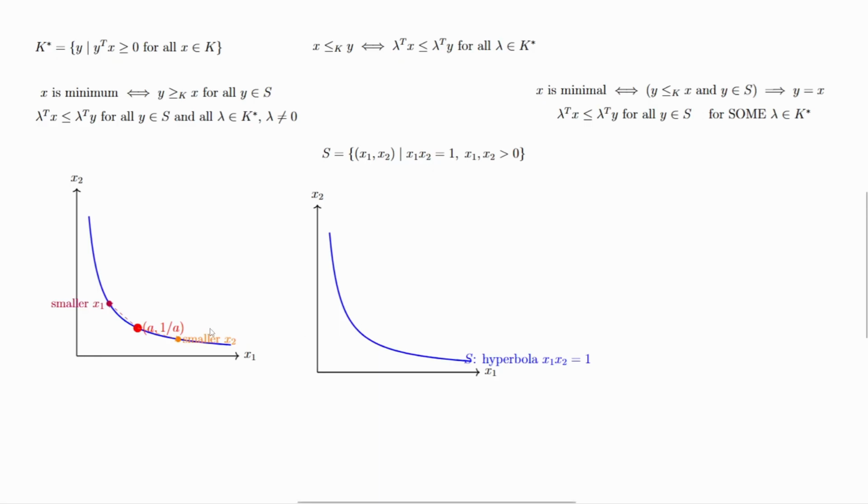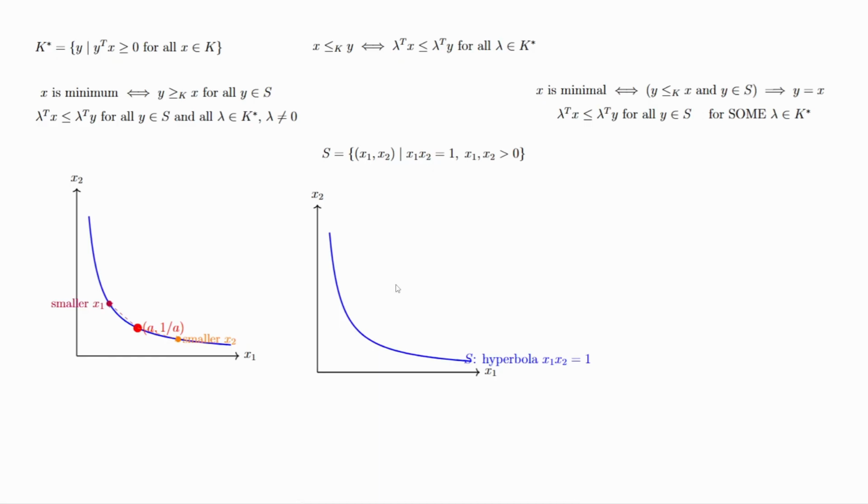If we pick any point A and 1 over A, so the multiplication is equal to 1, if we move to some point x1, we can always find another point B, so B and 1 over B, where B is less than A. So there's no single point that dominates everything. So therefore, there's no minimum of this set.